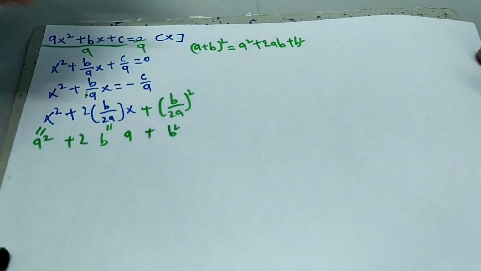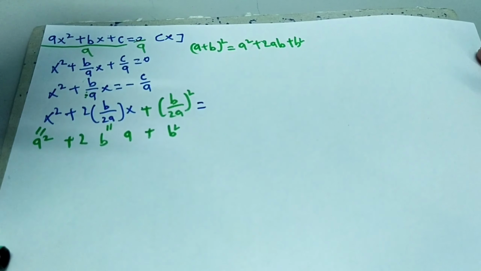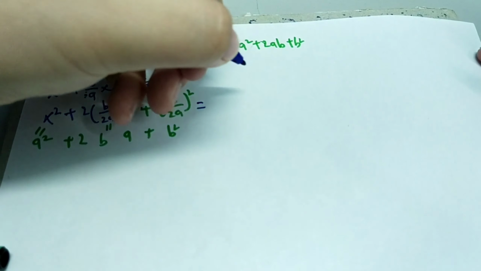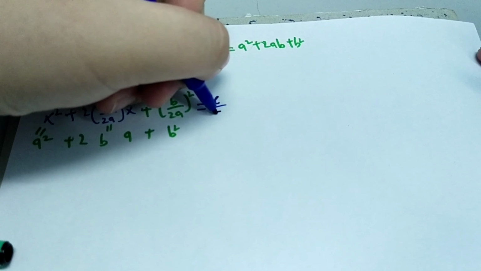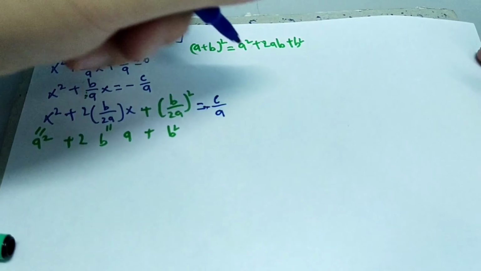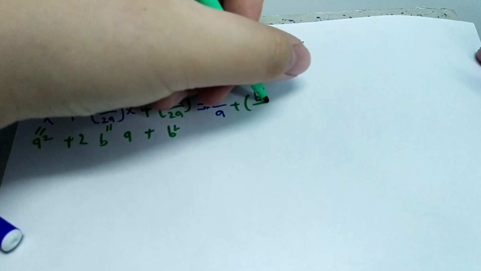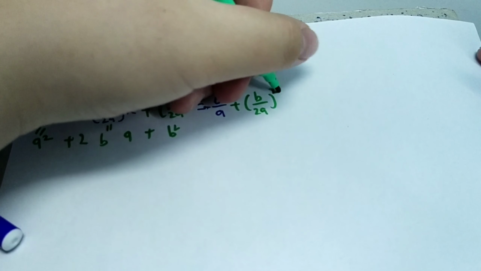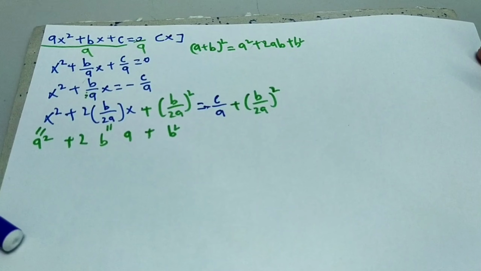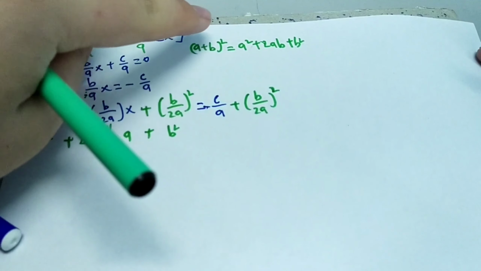And then don't forget, we have to make sure that the equation is always equivalent. So remember, negative c over a has to be plus b over 2a squared. And then we can group this into a perfect square, which is this.